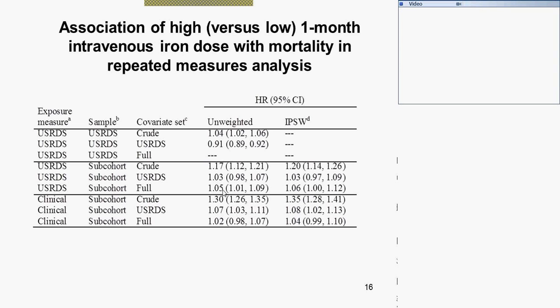These are estimates in the subcohort, but using the exposure that comes from the claims data, the one that we know, if we believe the clinical variables, is pretty misclassified and all over the place. So I have a bit of a hard time interpreting this. I'm not sure we should exactly interpret it because of the misclassification, which is probably differential in some way.